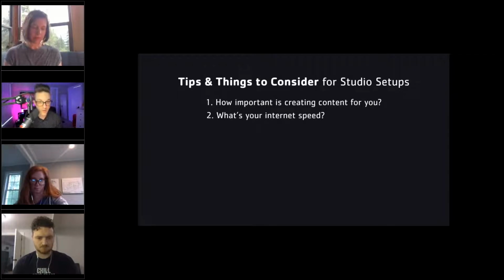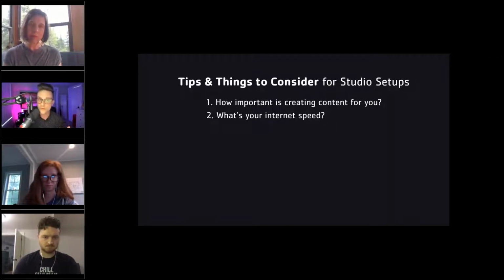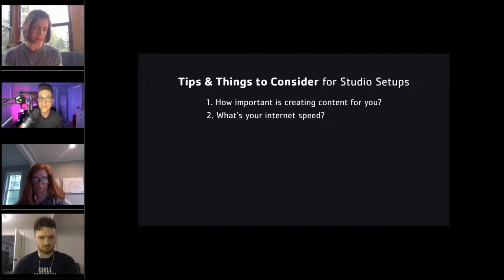Really think about your internet speed. I know we mentioned this before, but remember that it's best to live stream with an Ethernet wired setup if you're going through your desktop computer. You're going to struggle to stream to multiple Facebook pages and a YouTube page and social media if you just stream wirelessly. So make sure you have a solid upload speed. I would suggest at minimum 10 megabytes at like 720p for your aspect ratio.